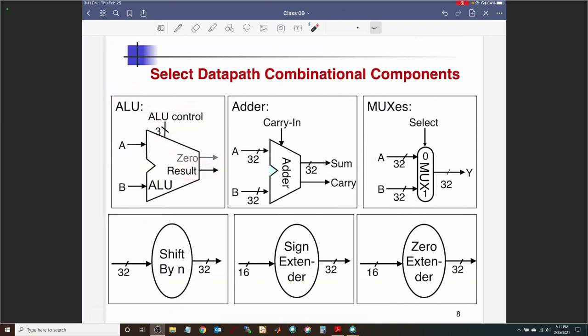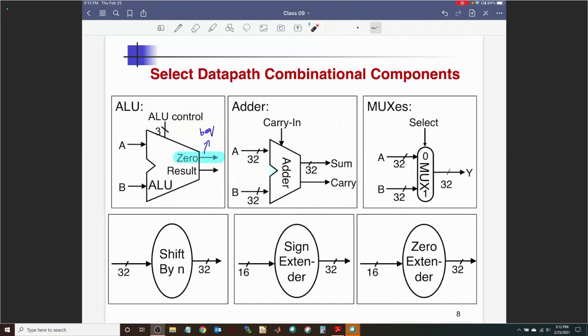Suppose you are trying to add or multiply and whatnot, that is going to be your result. So 2 outputs, one of them is zero, that goes along with branch when equal. The BEQ instruction can leverage that output. And then, of course, we have the result. So that's your ALU.